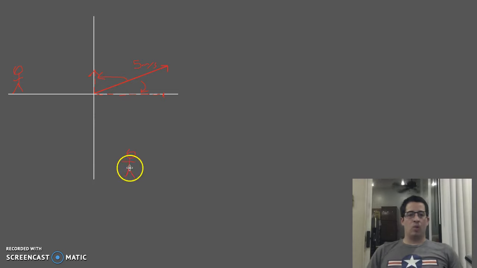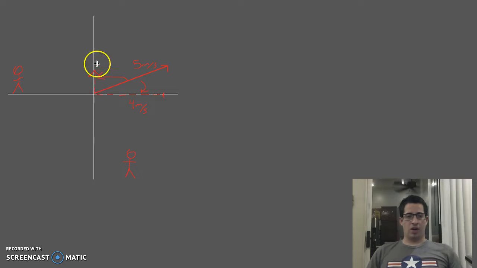Well, to this person, it's going to take the same amount of time to get there, but to this person, it looks like they're going a slightly shorter distance. So if this is 5 meters and it takes them 1 second to get there, this person still sees them take 1 second, but to them it doesn't look like 5 meters, maybe it just looks like 4 meters. So maybe they're going 4 meters per second.